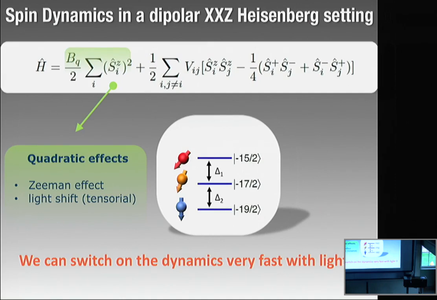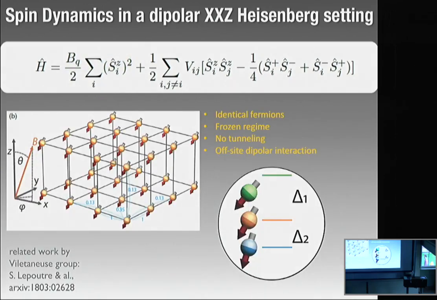Another interesting thing is that in principle, to have this, I would need zero quadratic Zeeman effect, which means zero magnetic field, which is very hard. Or, like in rubidium, you need a sweet spot to work. In this case, the light helps us, and we can very quickly tune the on-resonance and off-resonance of the spin excitation. And so this is what we do.